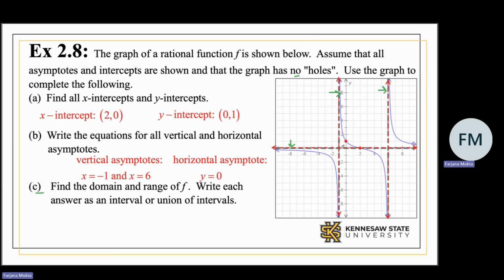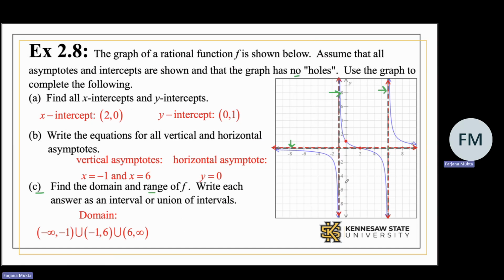That means the graph is getting all the x values except these two points, right? And these two points are -1 and +6. So the domain will be all real numbers except these two points where we have vertical asymptotes. Okay, there it is: negative infinity to -1, union -1 to 6, union 6 to infinity.